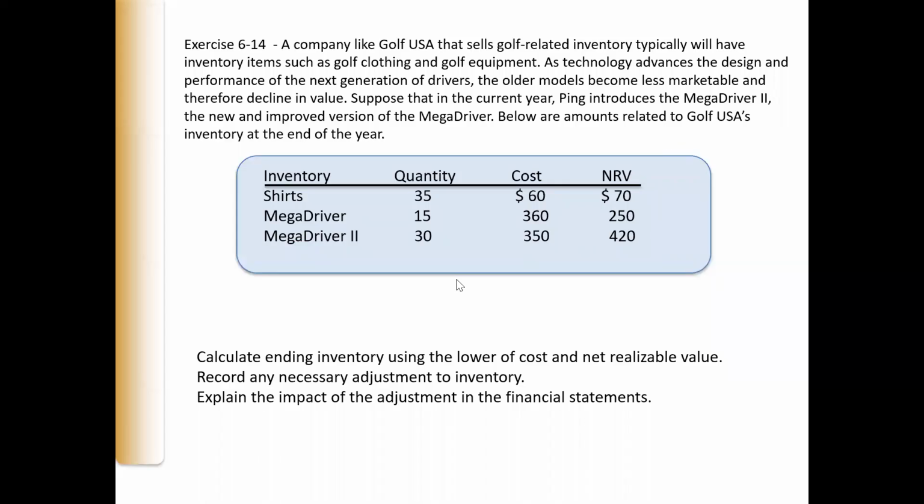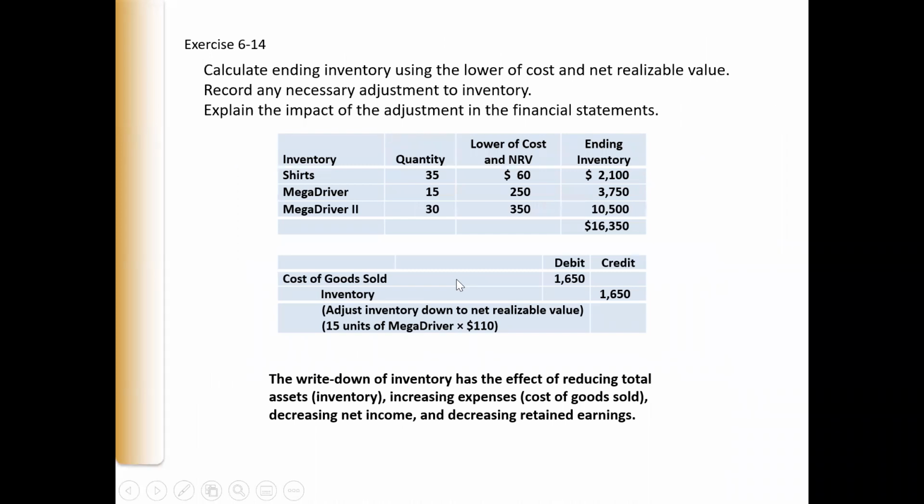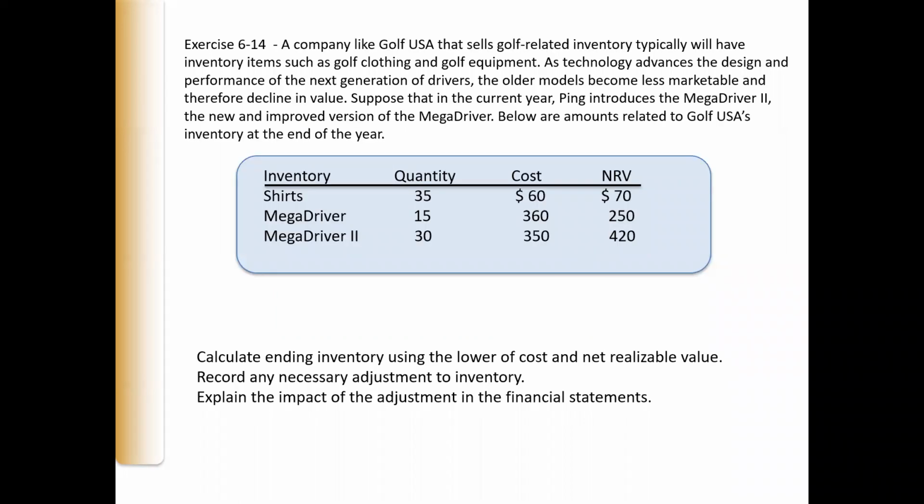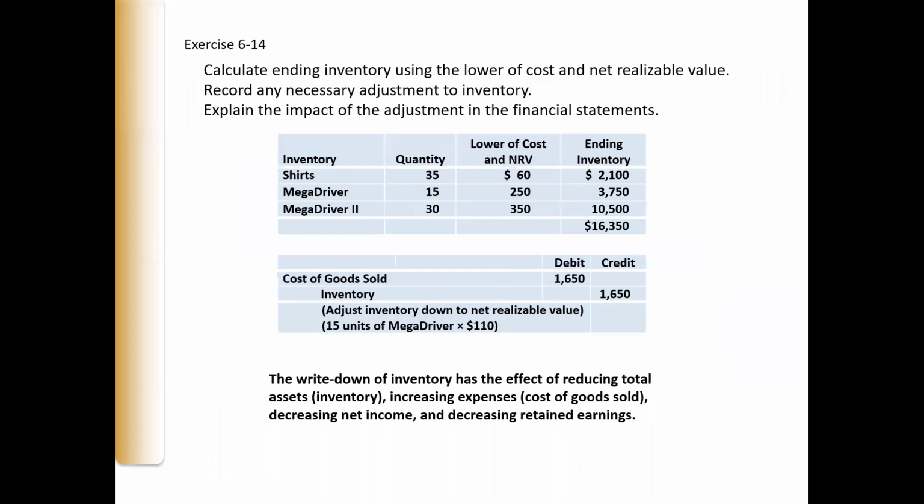Okay, so guys, calculate the ending inventory using the lower of cost or net realizable value. The shirts, the lower of cost or net realizable value is cost. The Mega Driver, the net realizable value is the lower number at 250. So that's what we're going to use. And the Mega Driver 2 is at 350. So you see our ending inventory sitting at 16,350.